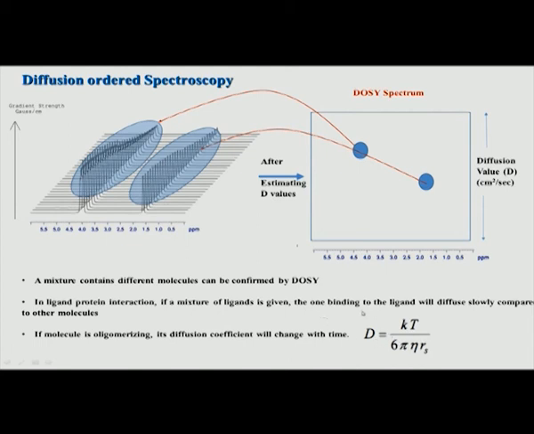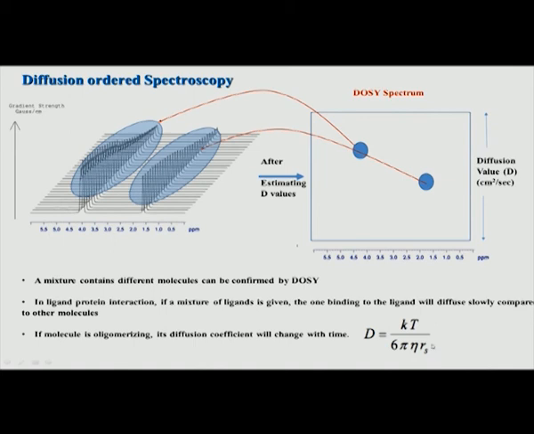And this is the viscosity of the sample, so the diffusion also depends on viscosity. The larger the viscosity of a sample, if you have a viscous solution, the diffusion will be smaller. Similarly, if you increase temperature, diffusion will be faster. So, these are the different parameters which determine the D value.